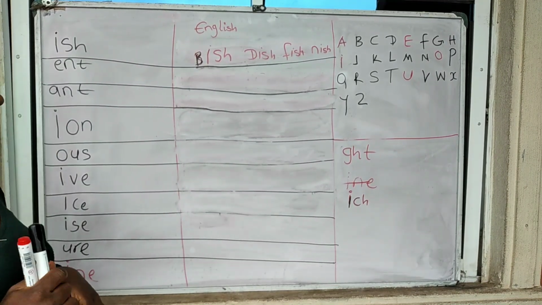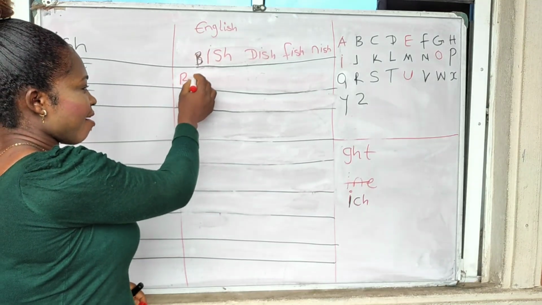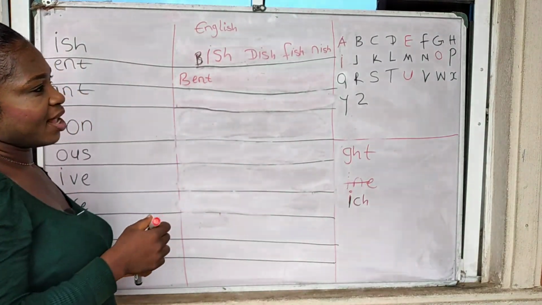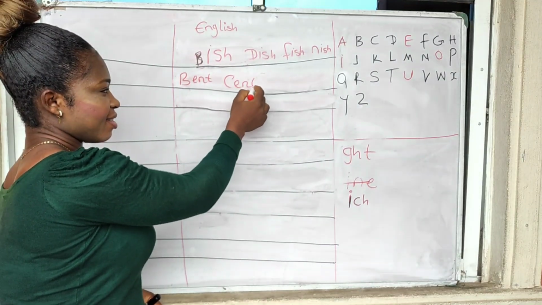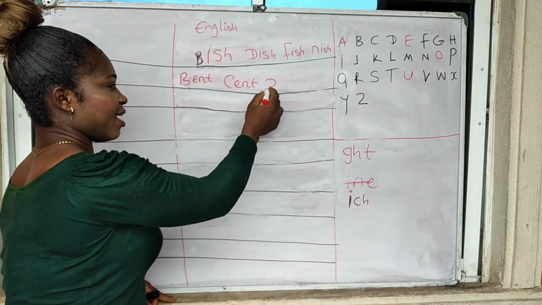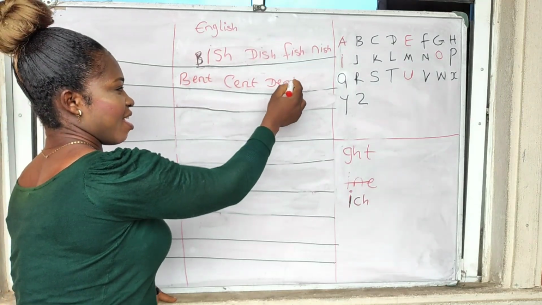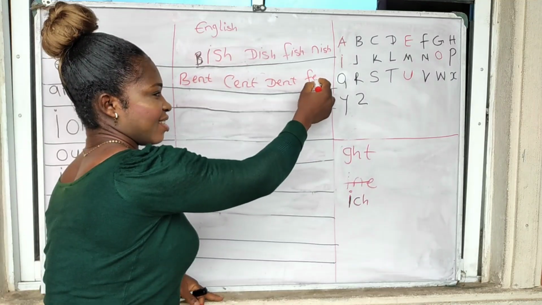This ent right here, I can decide to add letter B and I'm gonna have bent. If I choose letter C, I'm gonna have scent. If I decide to have letter D, I'll have dent. If I choose letter F, I have faint.